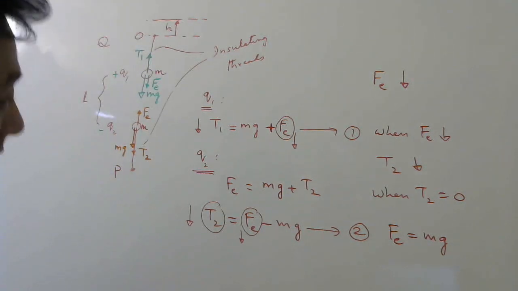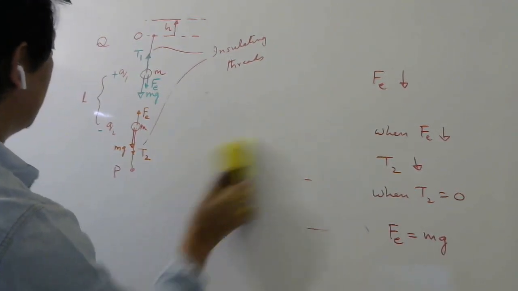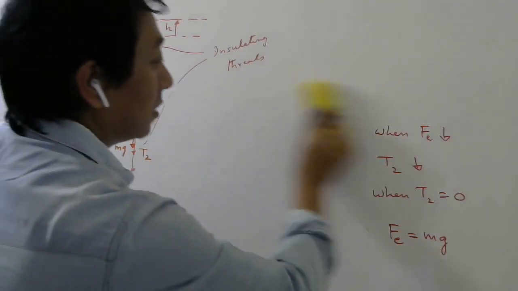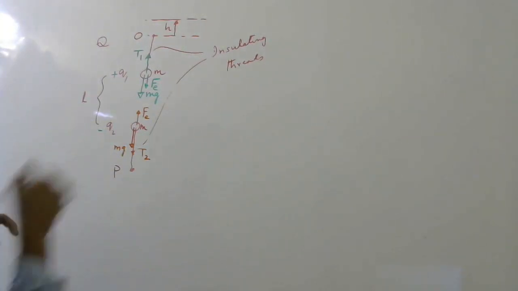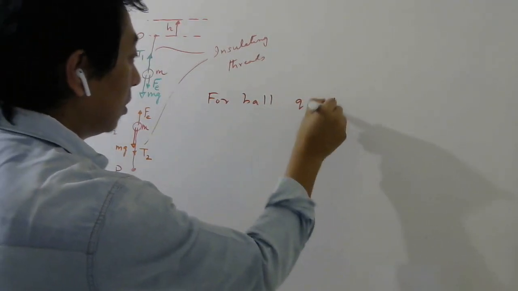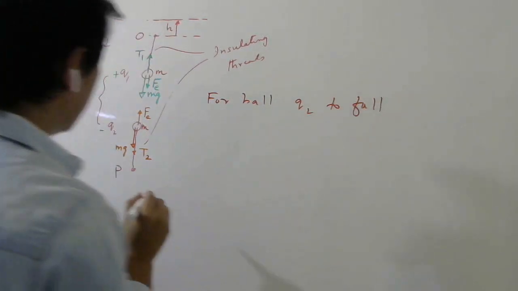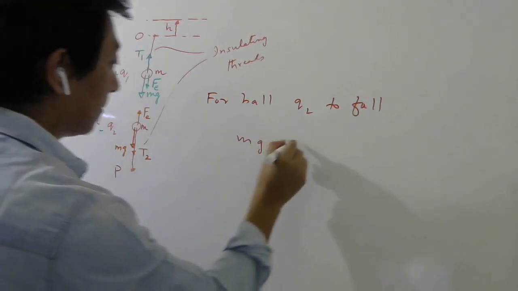Okay, fine. So we understood the condition for this ball to fall. So for the ball with charge Q2 to fall, what is the condition? This mg should equal Fe.